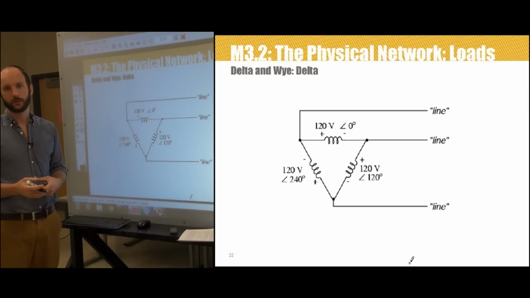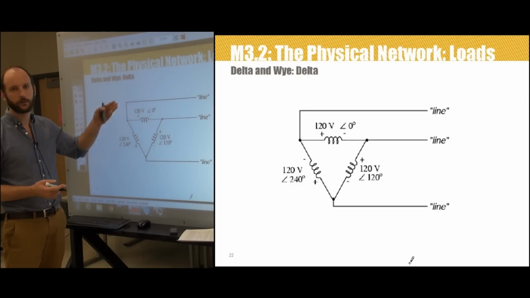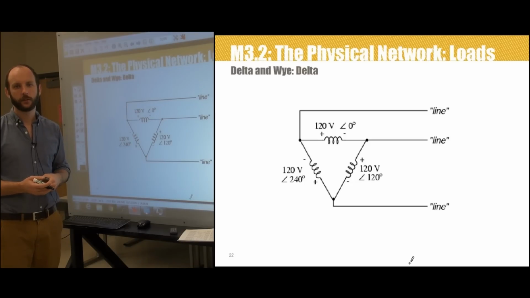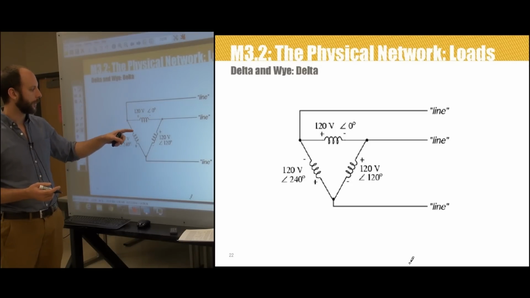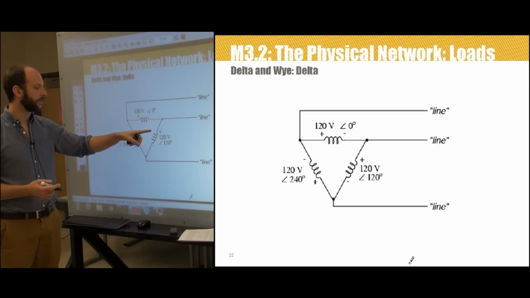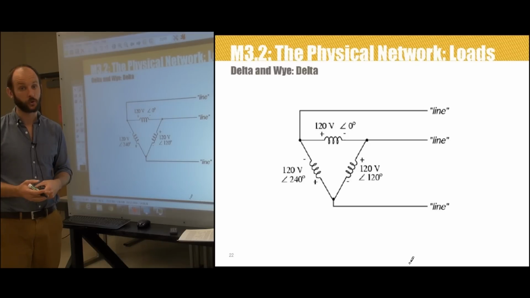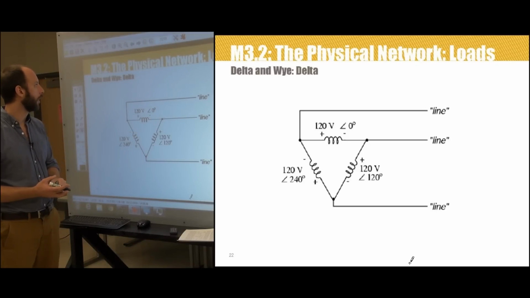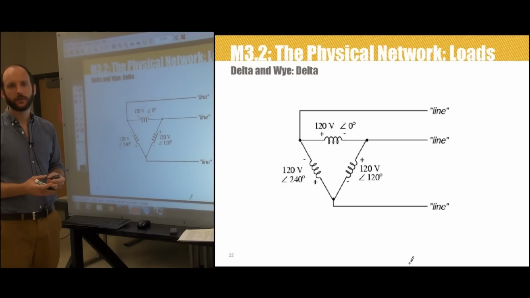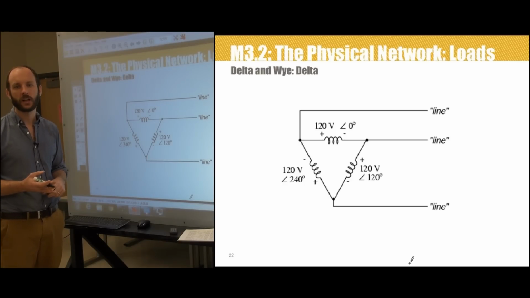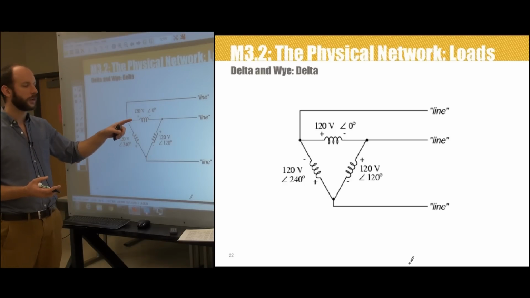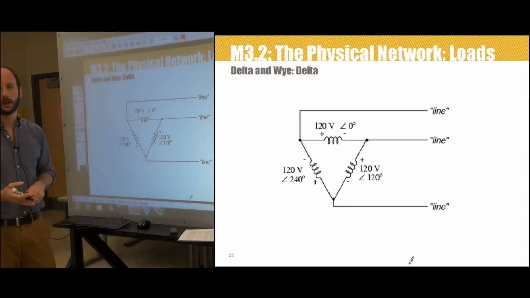The second load source configuration is called the delta configuration, and the phases do not share a common connection, right? There's no neutral point in here, and therefore there is no neutral wire at all in the delta circuit. It just doesn't exist. Because in the delta configuration each pair of line conductors is connected directly across a single winding, the line voltage and the phase voltage are the same thing.